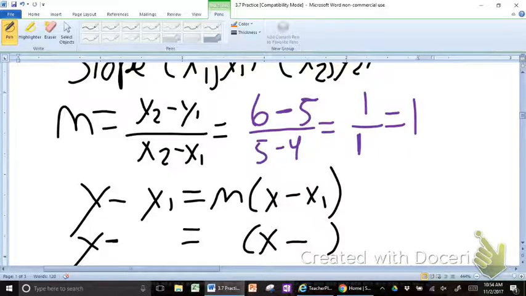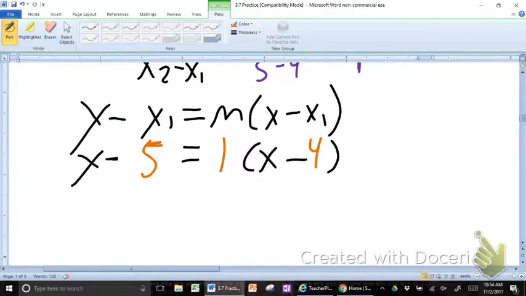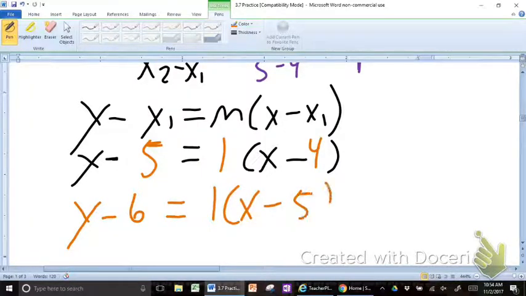So y minus y1 would be y minus 5, and we found m to be 1. x minus x1 would be x minus 4. But I am more than capable of also writing y minus 6 equals 1 times x minus 5 as well. Both of those would work.